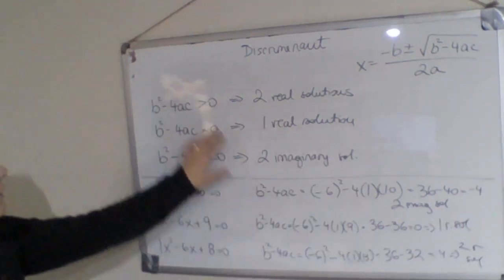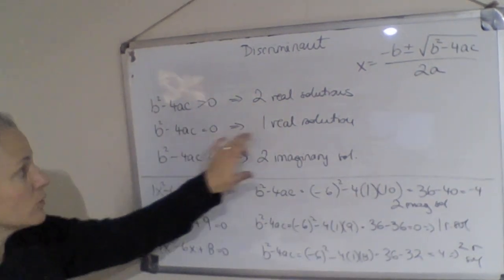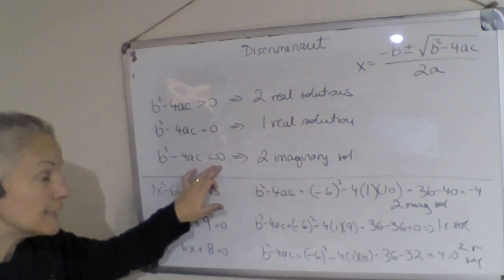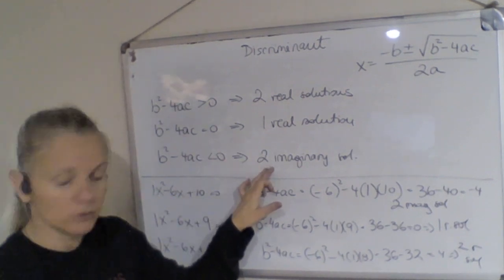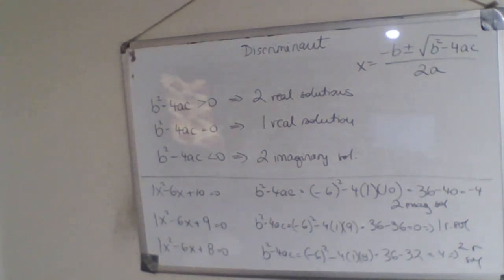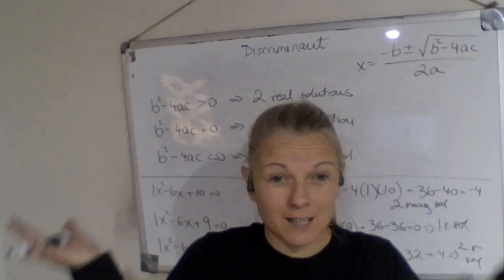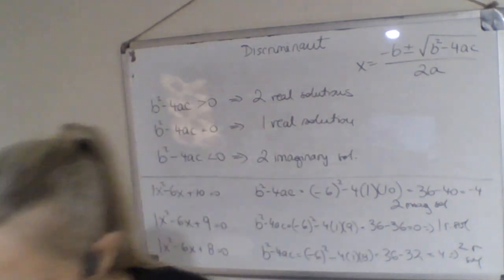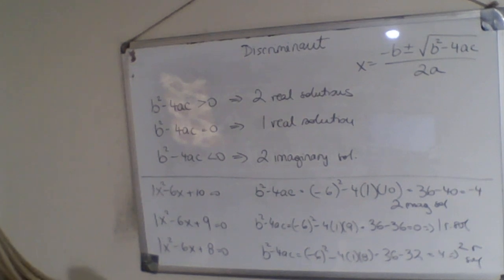If my number is greater than 0, 2 real solutions, equal to 0, 1 real solution, less than 0, negative number, 2 imaginary solutions. A lot of your homework, I'm looking really fast to tell you what we're looking at. From 56 to 64 in your homework, it just says, tell me what kind of solutions there are. So don't work extra if you don't need to.